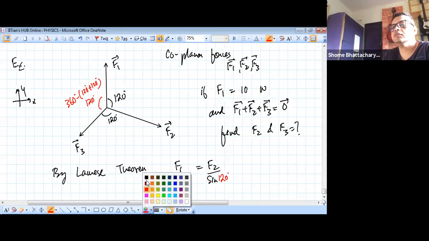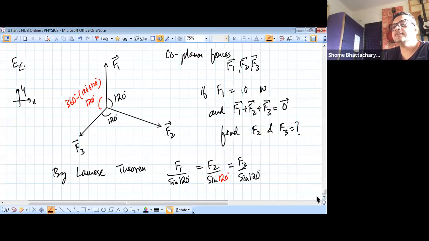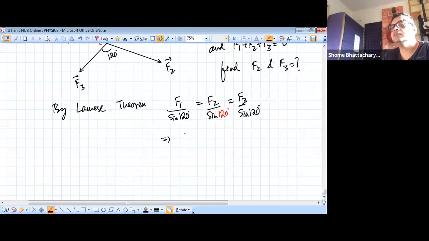And that should also be equal to F3 upon sine 120. So if all three angles are 120, by symmetry the magnitude of F1 must be equal to F2 and F3, equal to 10 newtons. So it becomes a one-line problem.